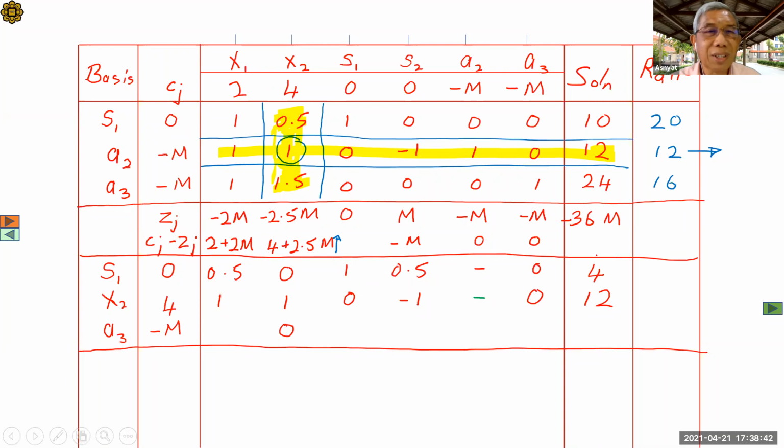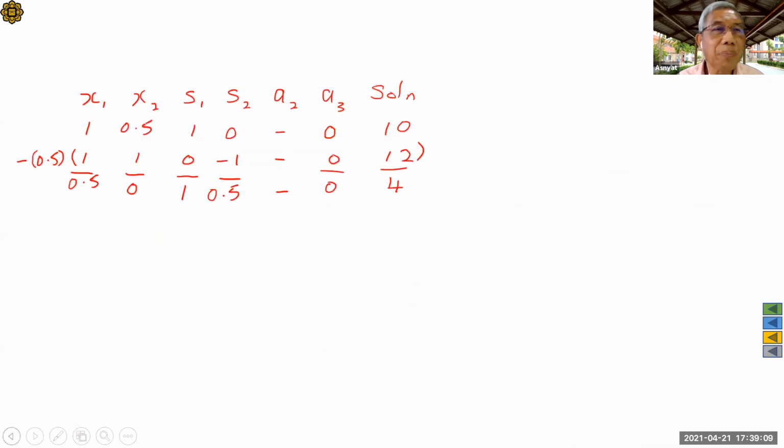Okay, for this one we do it together again. The second row, sorry, the third row. Here we are going to do the third row. Take note, 1, 1.5, 0, 0, 0, 1 is the old row, and 24 is the old row. Now you want to find the new row coefficient.